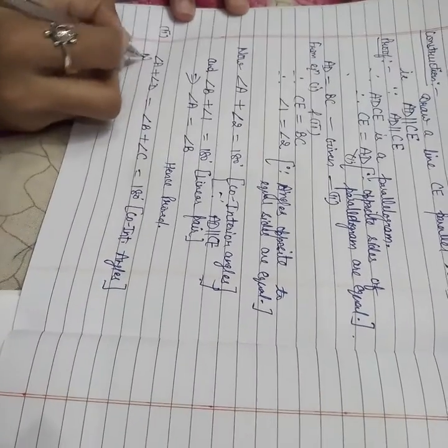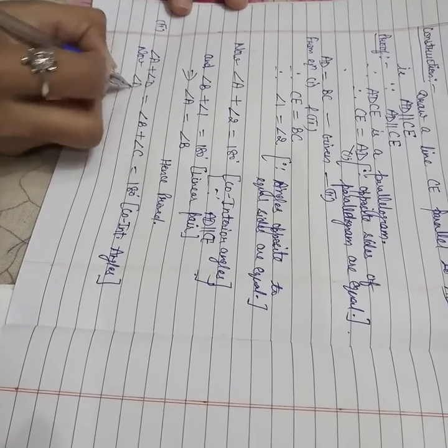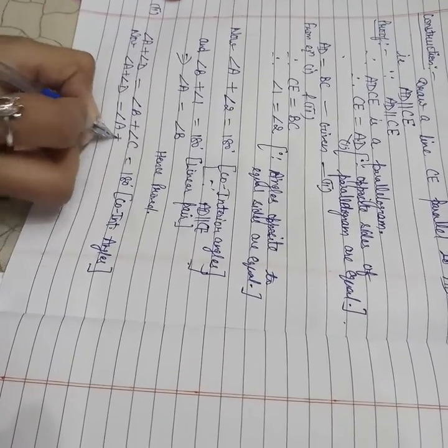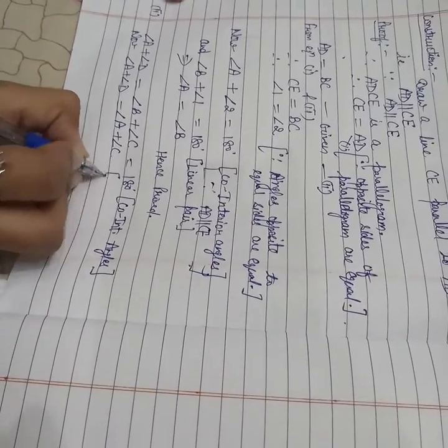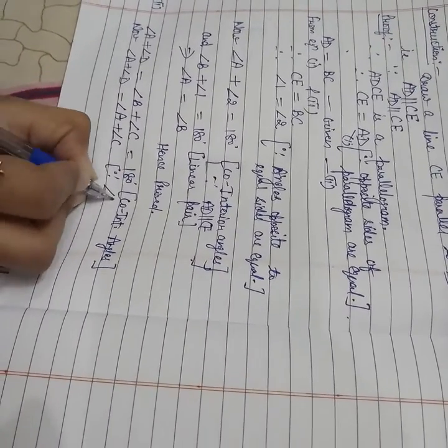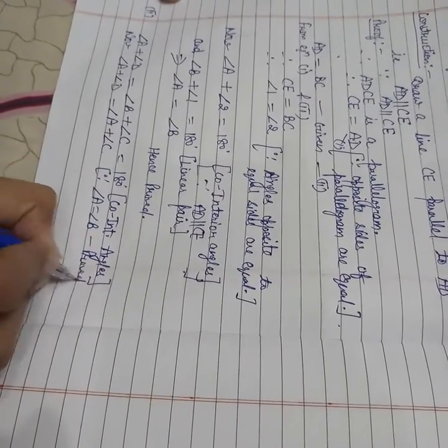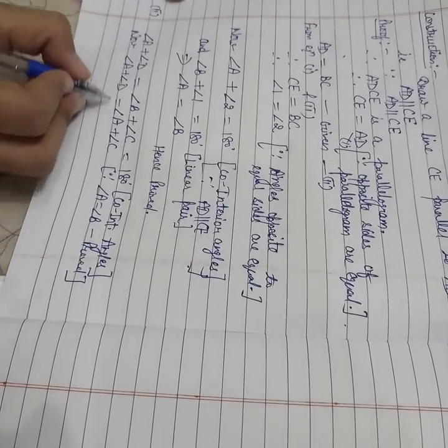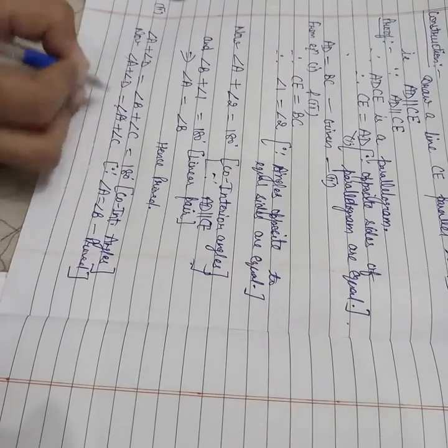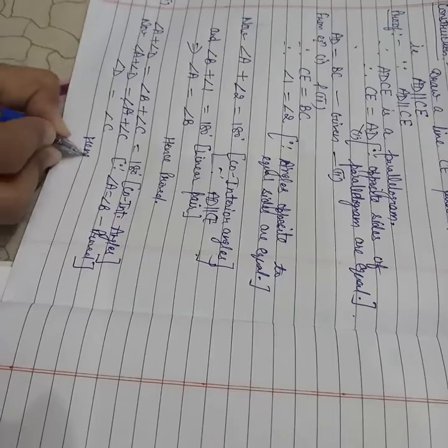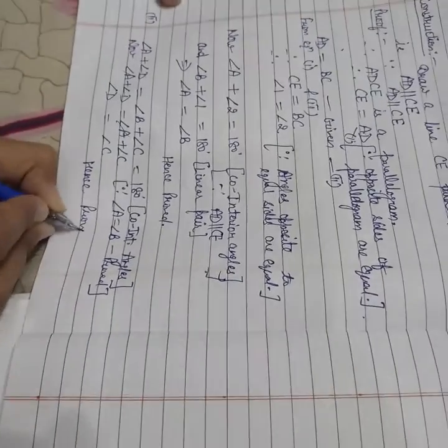Now A plus D equals angle A plus angle C, because angle A equals angle B, proved. Now angle A and A cancel out, therefore angle D equals angle C, hence proved.